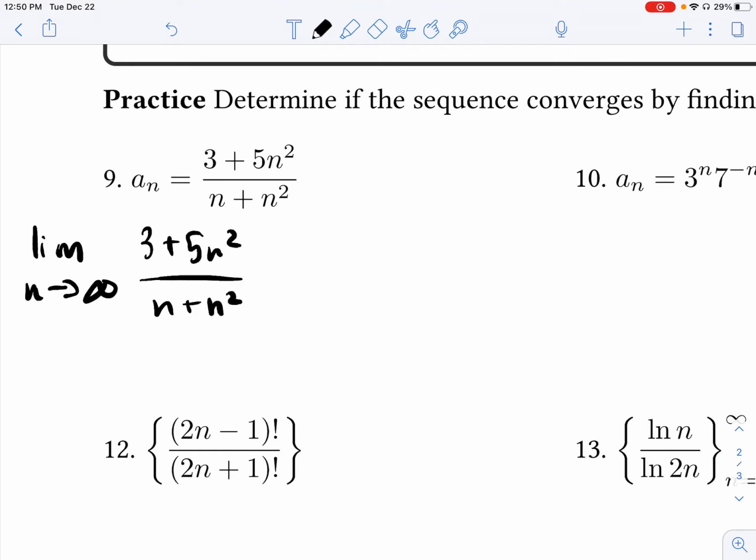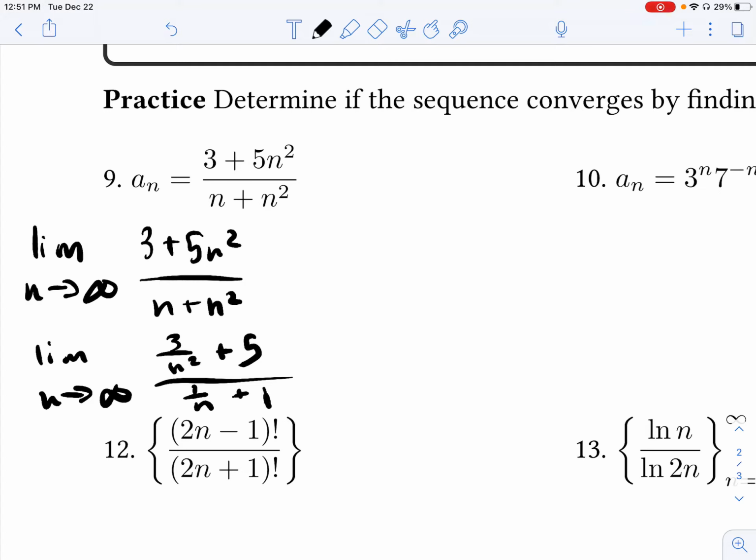Initially, we might look like we're getting indeterminate form, but really think about all the way back to the very beginning of calculus. What are we effectively saying here? We're saying that this is the same as looking at the limit, and if we just divide both the top and bottom terms by the highest power of n, we have 3 over n squared plus 5, all over 1 over n plus 1.